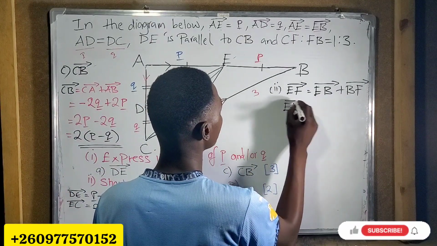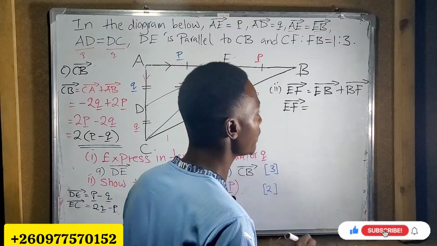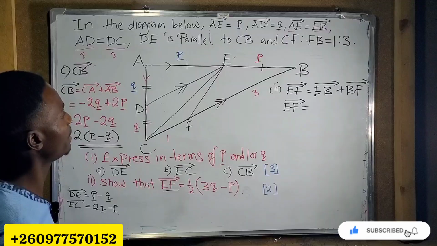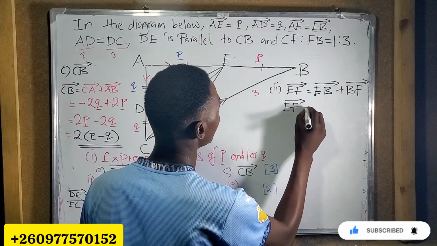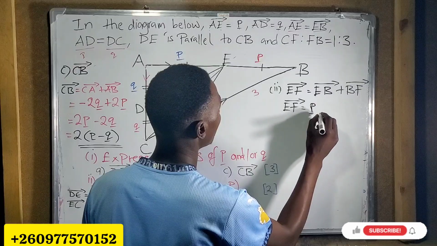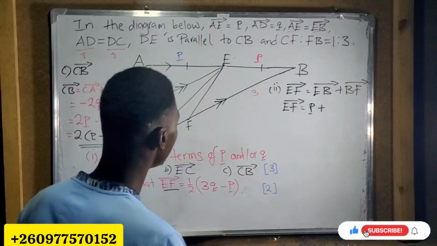Okay. Now, so EF, let's substitute. EF is equal to EB, which is vector P, plus BF.